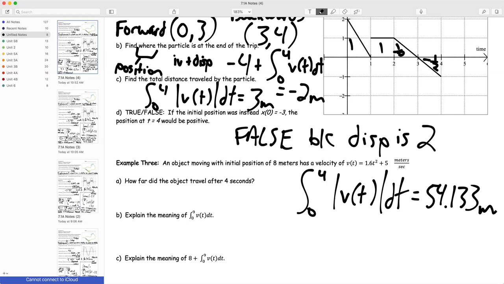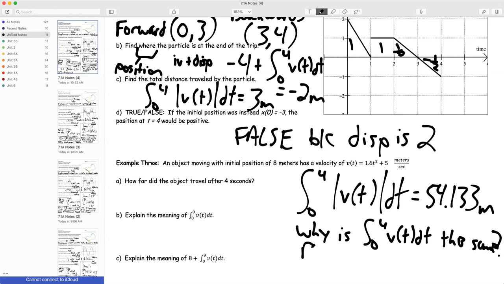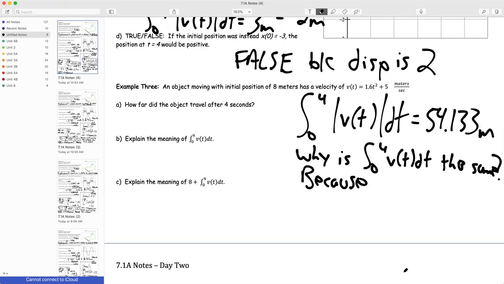Okay, so why is the integral from 0 to 4 of v of t dt the same? Because the object never turned around.